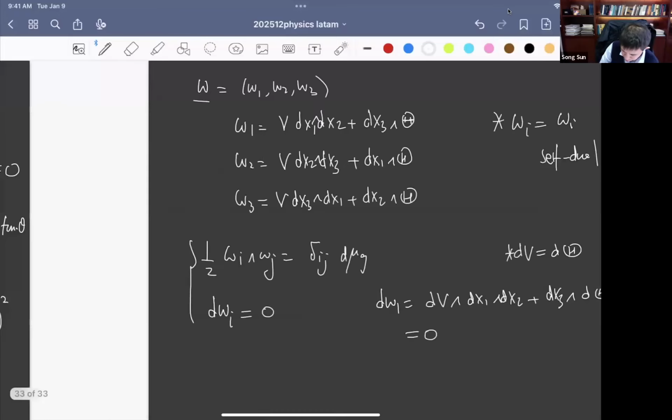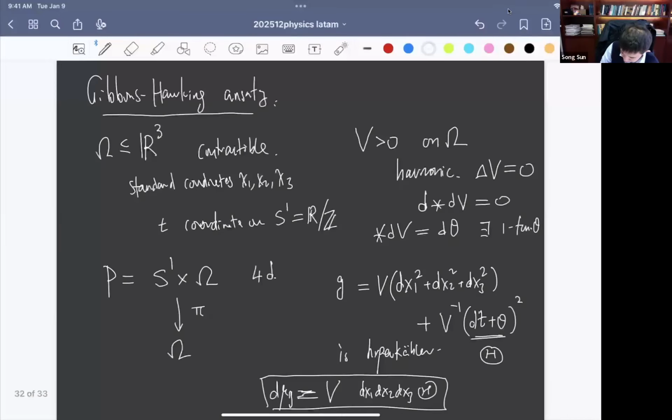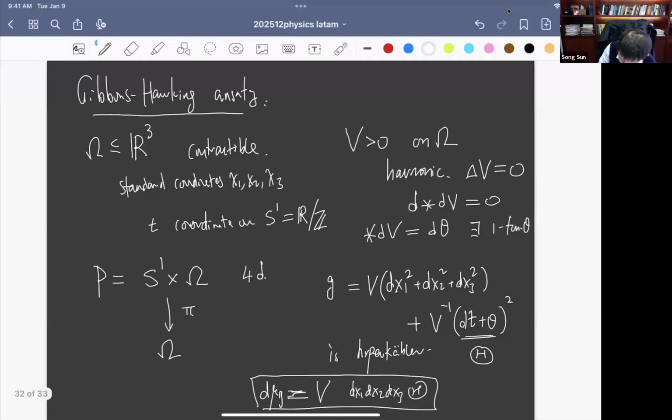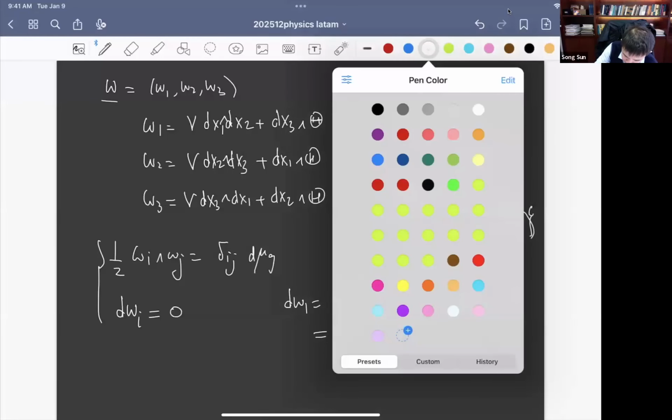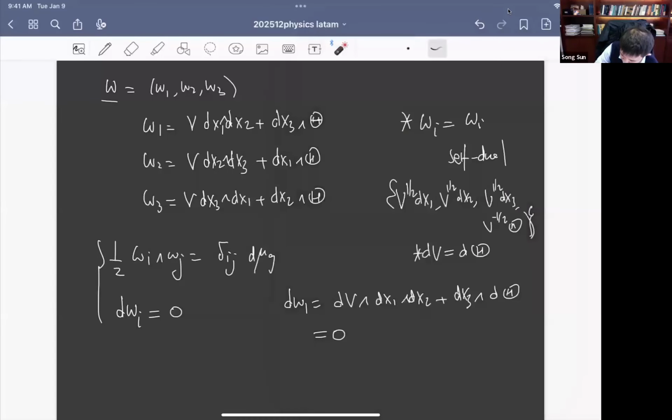And because we know explicitly what the Riemannian metric is, you have an oriented basis: V to the 1/2 dx1, V to the 1/2 dx2, V to the 1/2 dx3, and V to the negative 1/2 theta. This is exactly what we had before, like E1 wedge E2, E3 wedge E4. So it is self-dual.